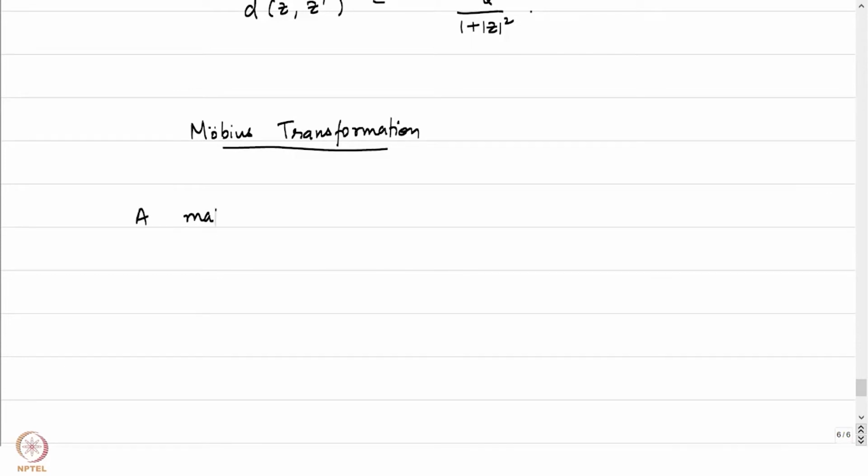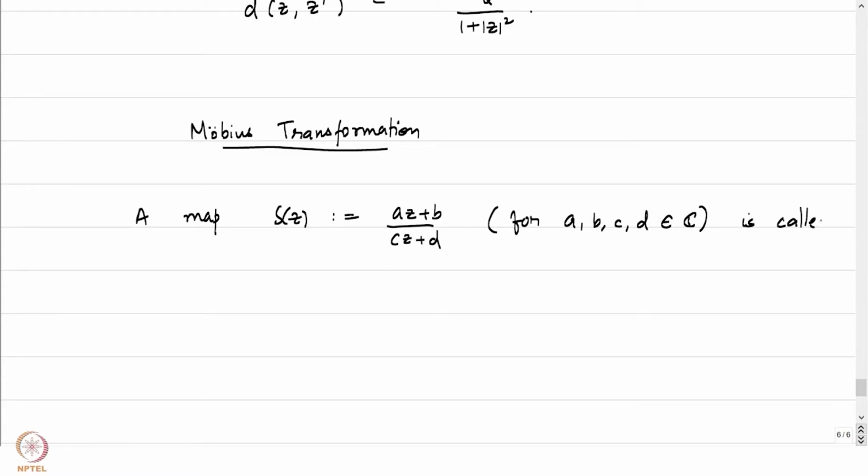A map S of z given by az plus b by cz plus d, so it is the fraction of two linear polynomials, for a, b, c, d complex numbers, such a map is called a Mobius transformation if ad minus bc is not equal to 0.